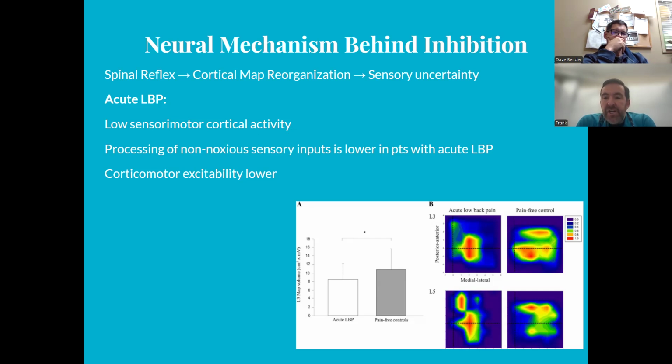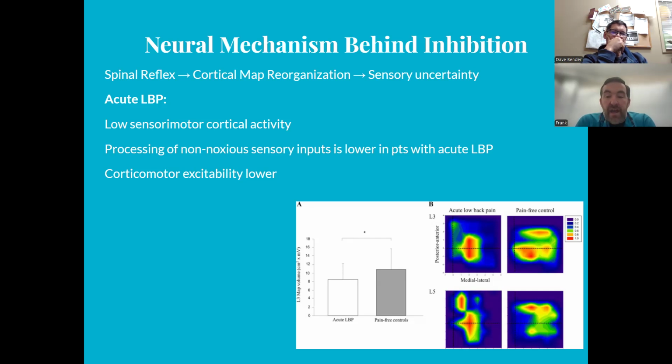You get this smudging of that mapping on the brain, and now all of a sudden you can't dissociate things. So with acute low back pain, you have this kind of dampened sensory motor cortical activity, and you also see this decreased processing of non-noxious sensory input.